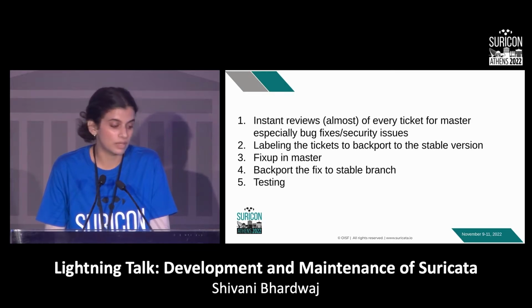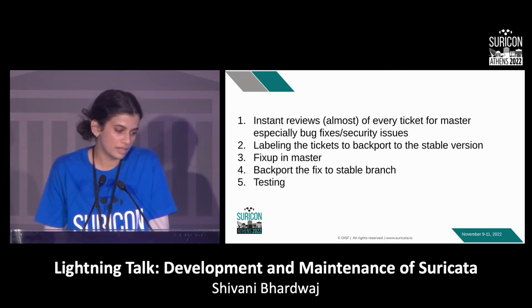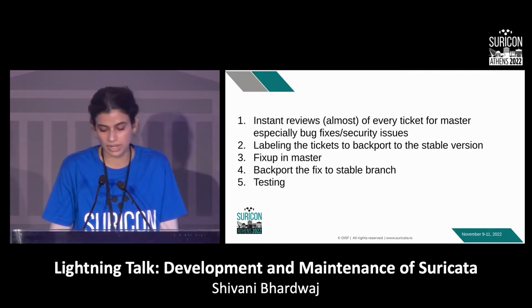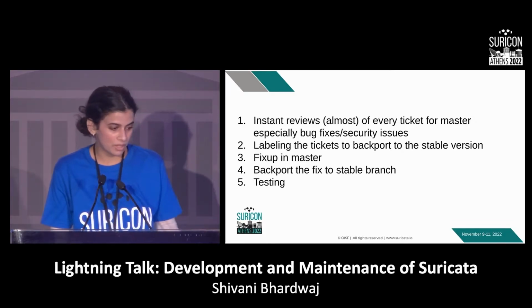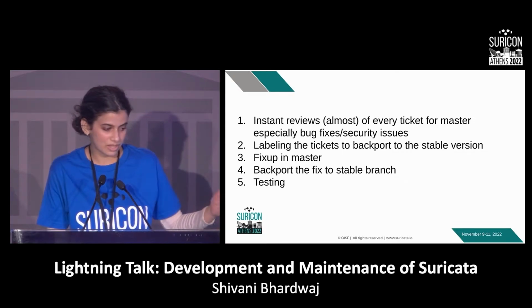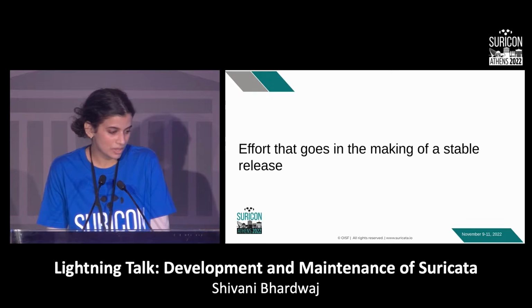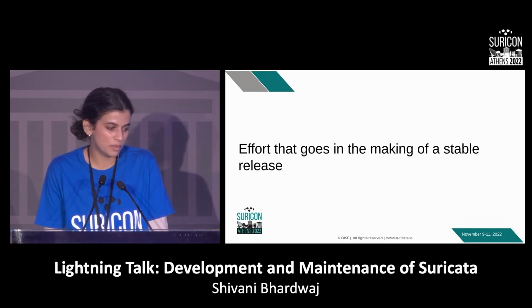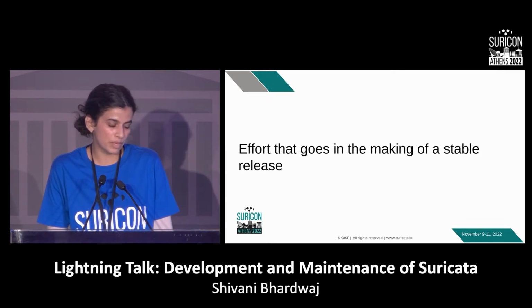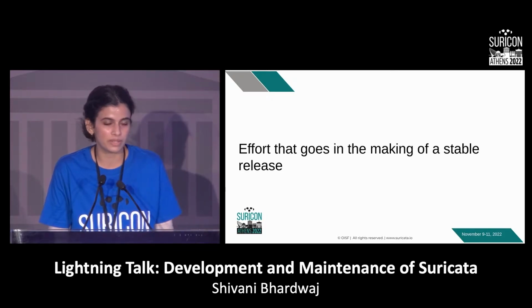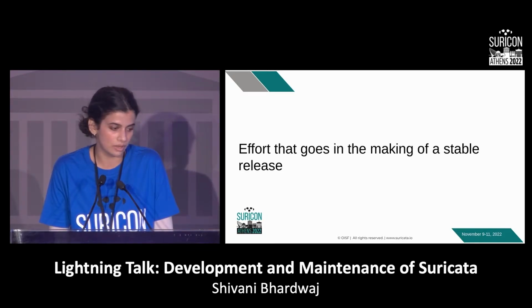That happens manually as well. And then we fix that thing in master and backport that fix to the stable branch and test and release it. But the process is not as 5-step simple as it may seem over here. So I'm going to take you over a few revisions of how we started out with the maintenance of stable releases and how we improvised over that and what we are doing right now.